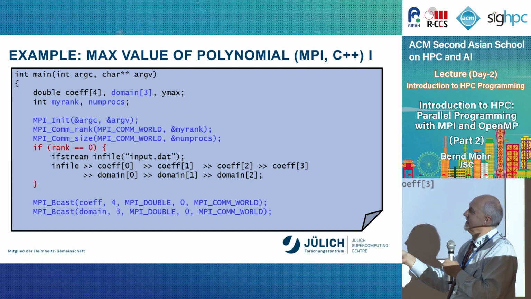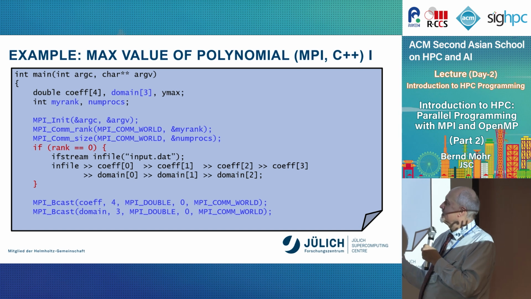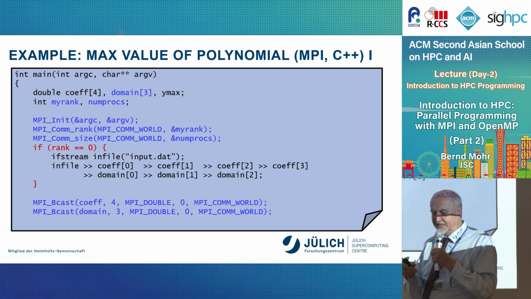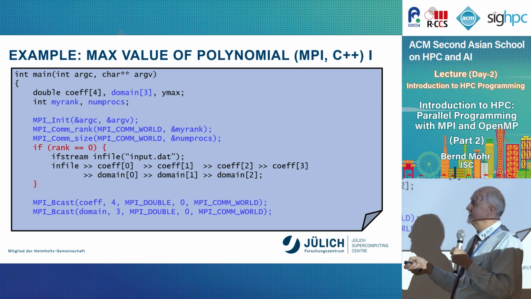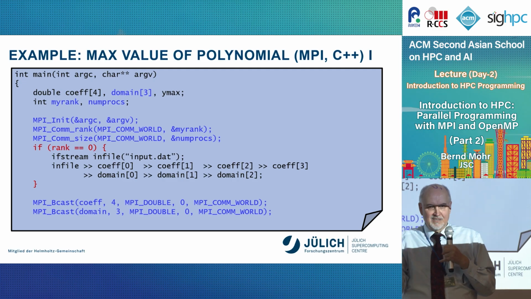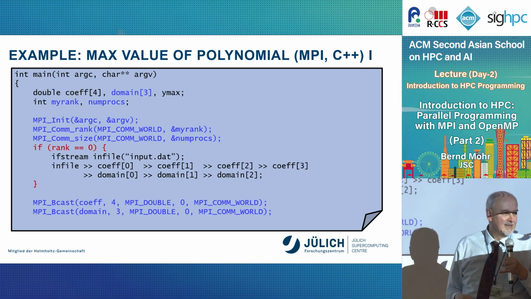And then, as I said, we get what's my rank, what is the number of processors, and then we read the data. As I explained yesterday, typically one process is doing it, and we're using number 0 because that process is always there, independent of how many processes I have.